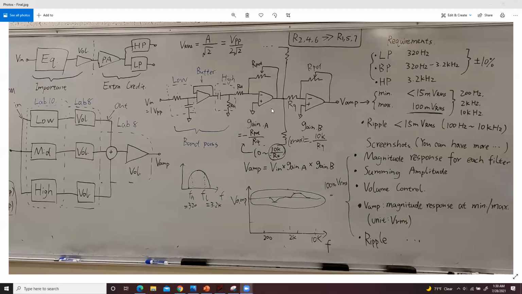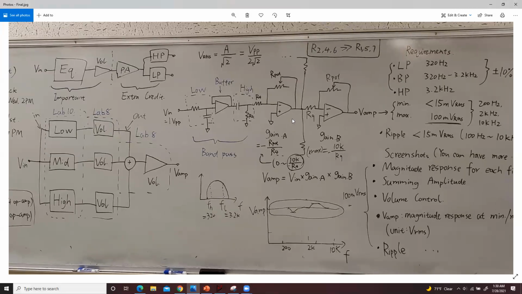So that's basically how you do the calculation for all the components. After you calculate the value for each component, before you start to build the circuit, you want to make sure you have those components in your lab kit.